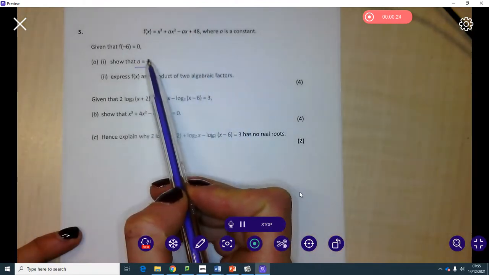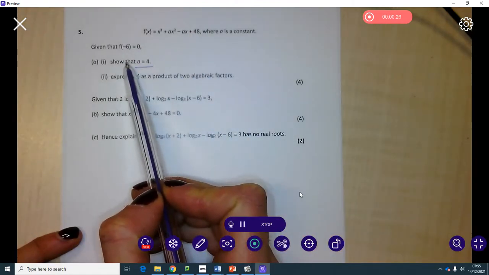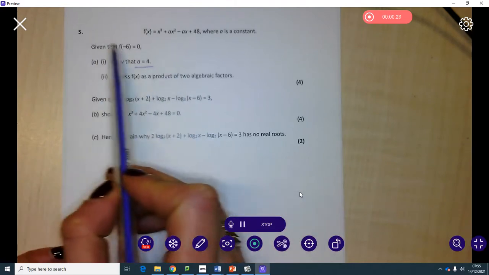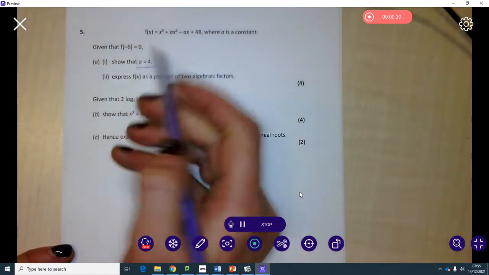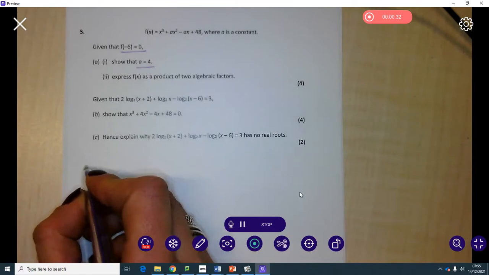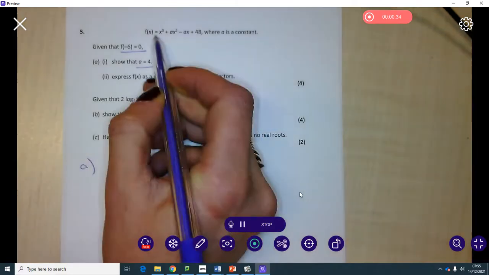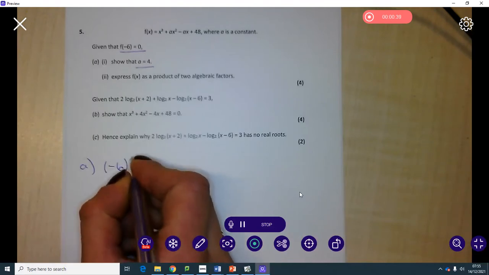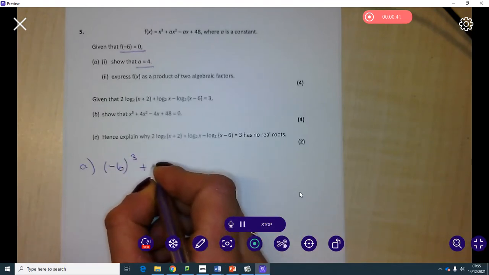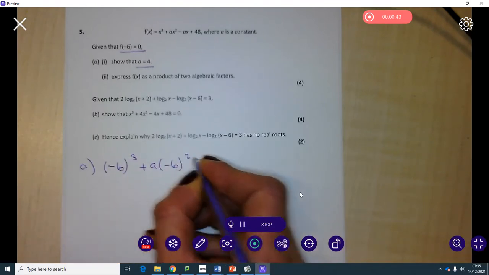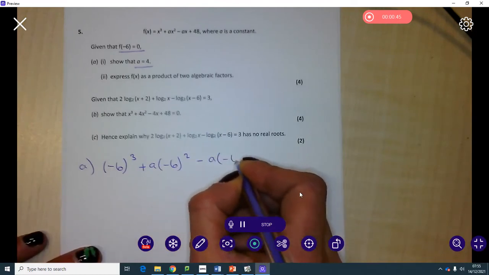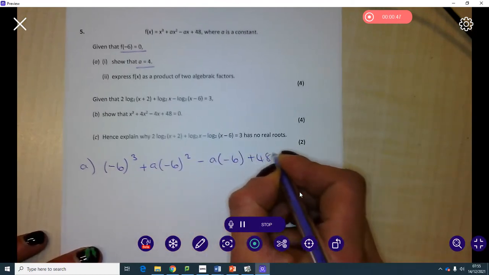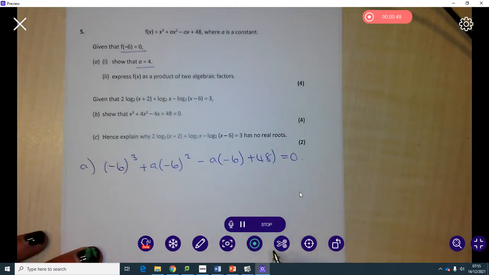So we answer it in the same way that we would do if the question said, find the value of a. So we do that by using this fact that f of -6 is 0. So substituting in x is -6, so -6 cubed, add a times -6 squared, take away a times -6, add 48 is equal to 0.